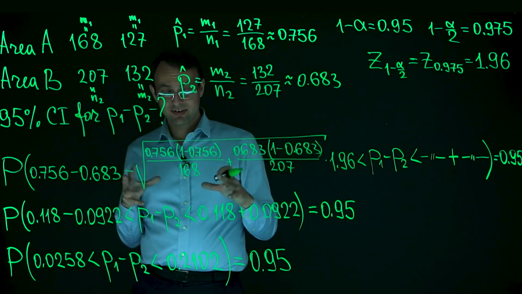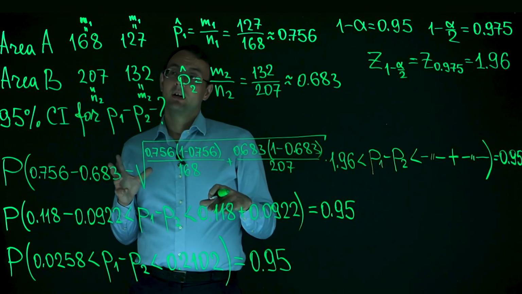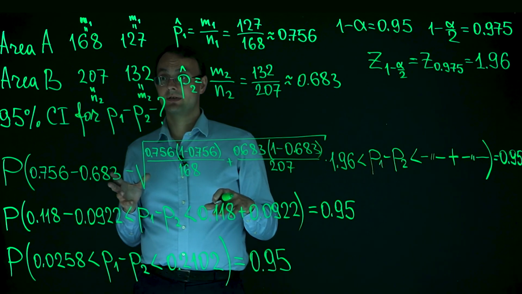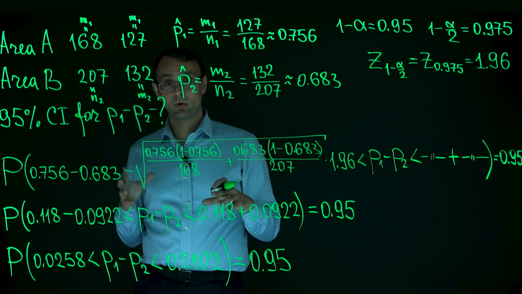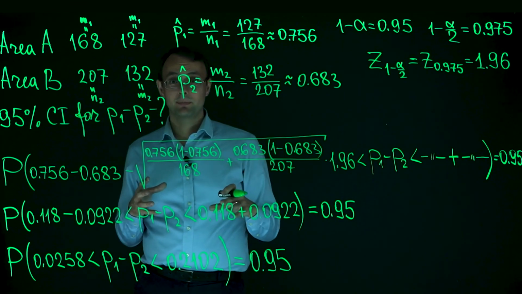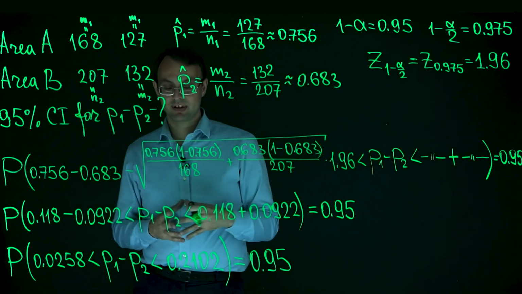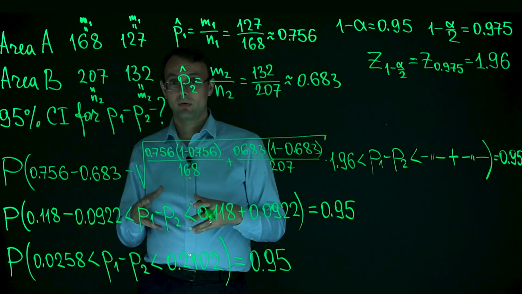We see that this estimation is not very accurate, and this means that the sample size we have here is not enough to make a more accurate estimation of this difference.